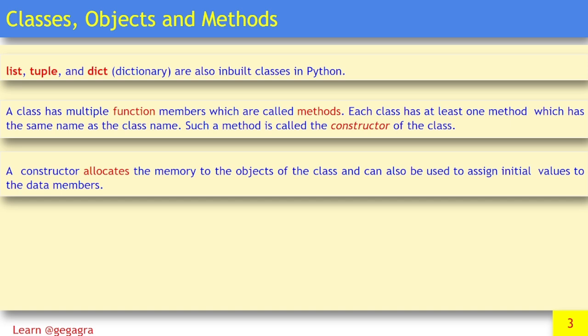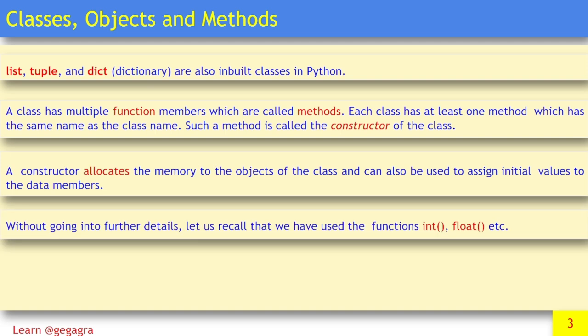Using the constructor, I'll initialize that age variable with some value, maybe 0. But this initialization will be done by the constructor of the class. Hope this is clear. So without going into further details, let us recall that we use function calls like int, float, etc.